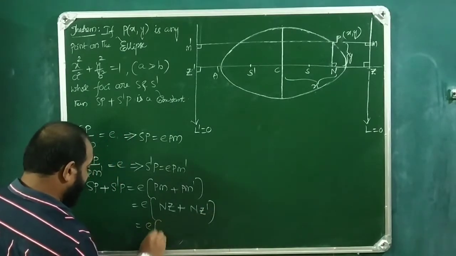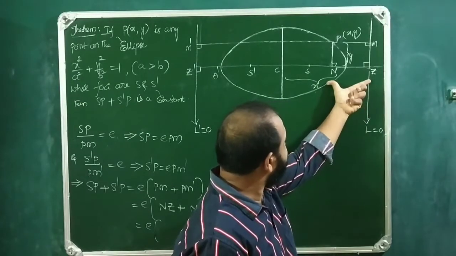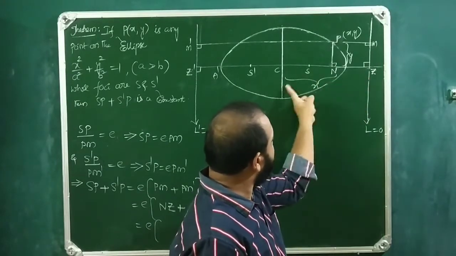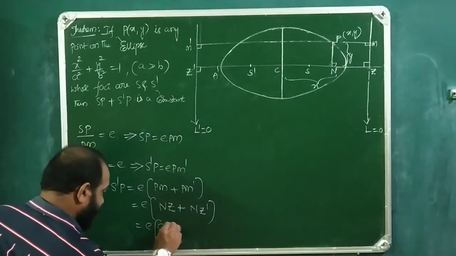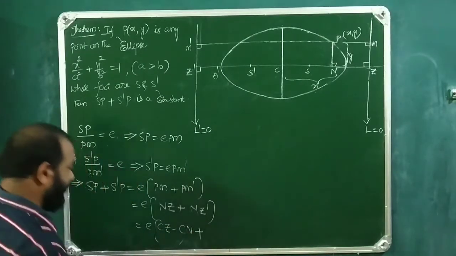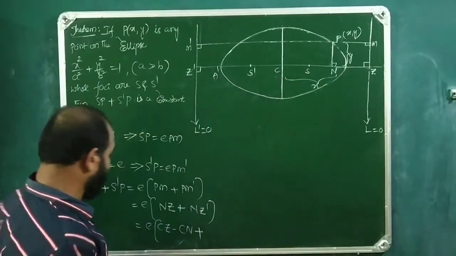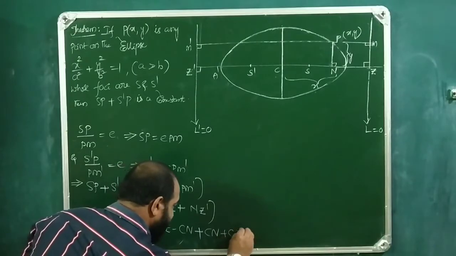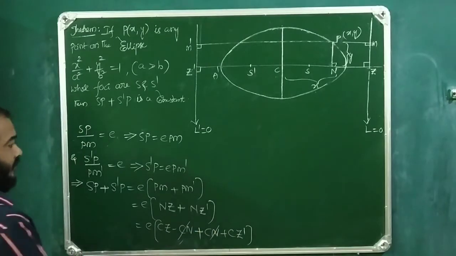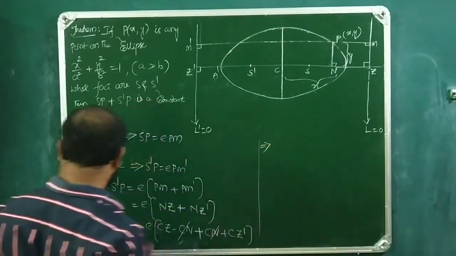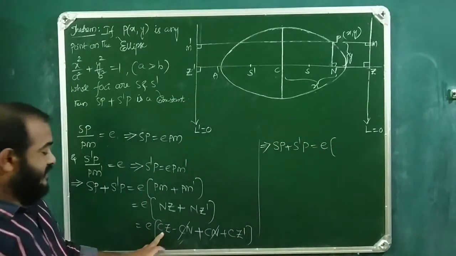This is equal to e into NZ plus NZ dash. NZ can be written as CZ minus CN, subtracting CN from CZ. And NZ dash can be written as CN plus CZ dash. So this CN gets cancelled. SP plus S dash P equals e into CZ plus CZ dash.